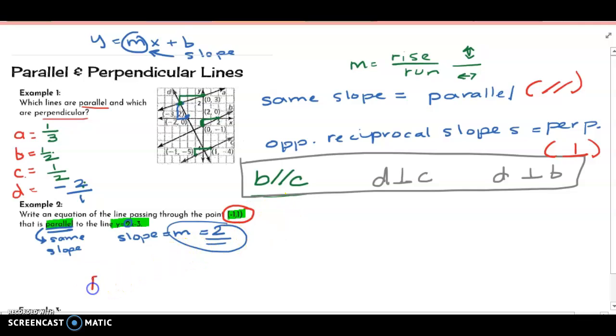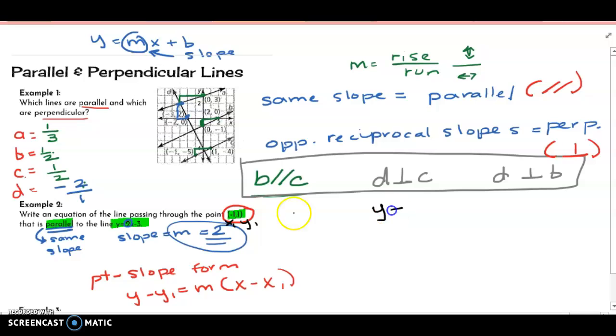Okay, so now I have a slope, and I know a point that it has to pass through. So I have a point and a slope, so I'm going to put it in point slope form. And point slope form is just y minus y1 equals m in parentheses x minus x1. Okay, so now it's just plugging stuff in. So my x1 is my negative 1, y1 is my 1.